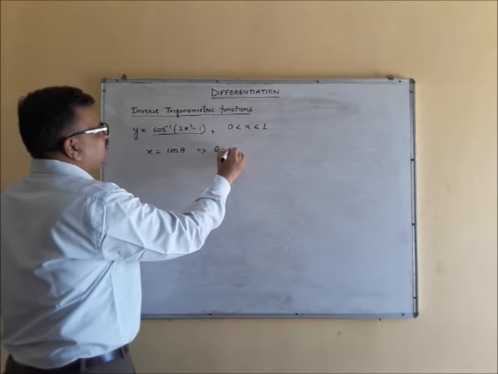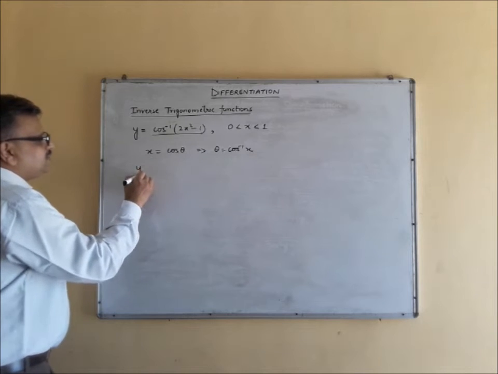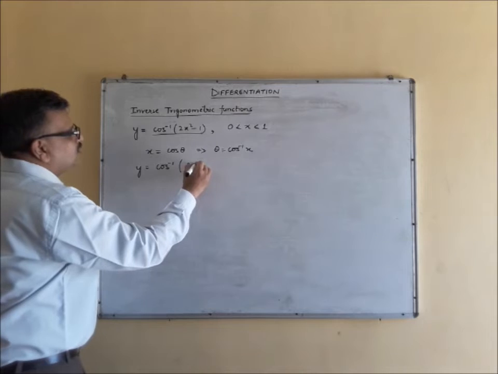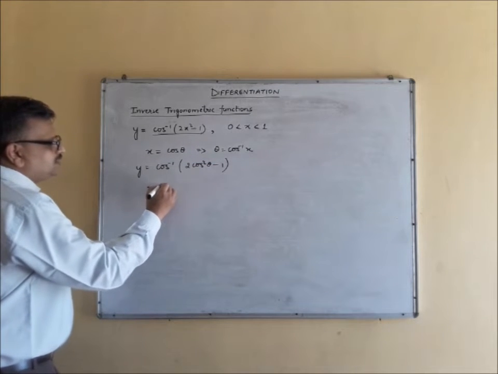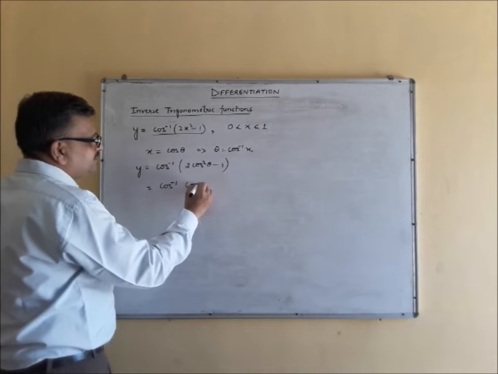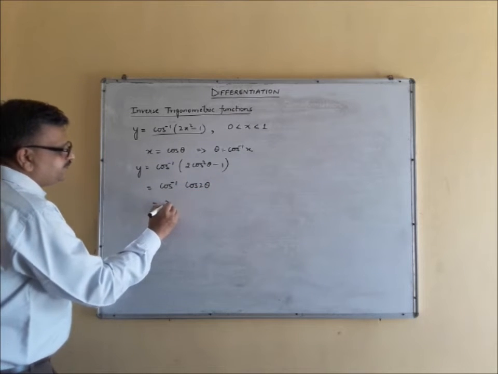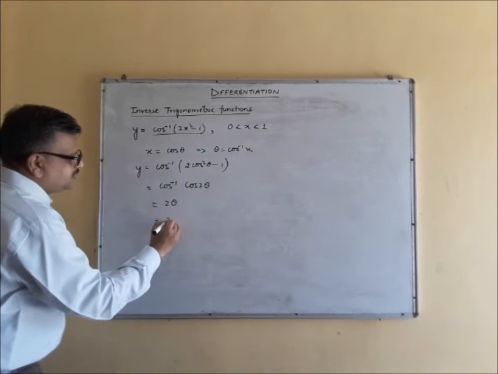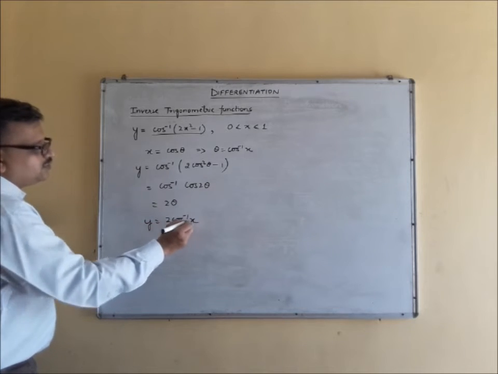Then theta will be equal to cos inverse x. Now y becomes cos inverse of 2 cos square theta minus 1. Now this is the formula for cos 2 theta, and cos inverse cos 2 theta is 2 theta. Substituting for theta, which is cos inverse x, y is equal to 2 cos inverse x.